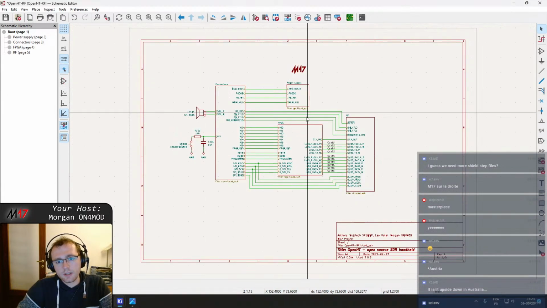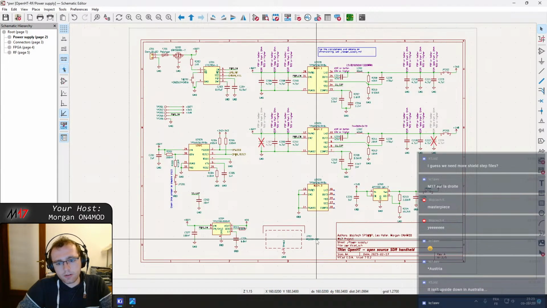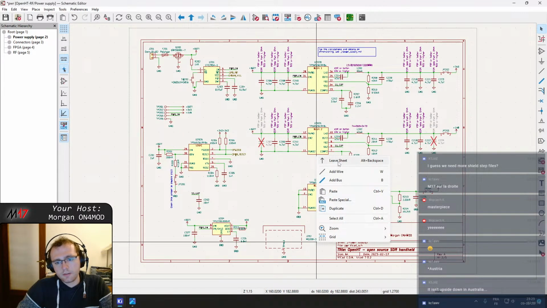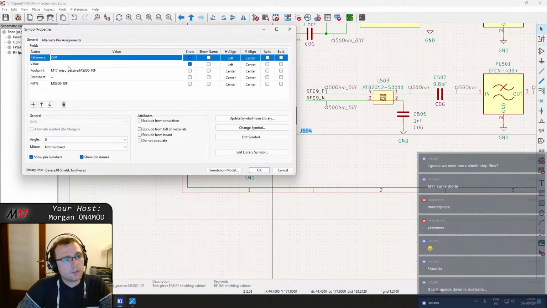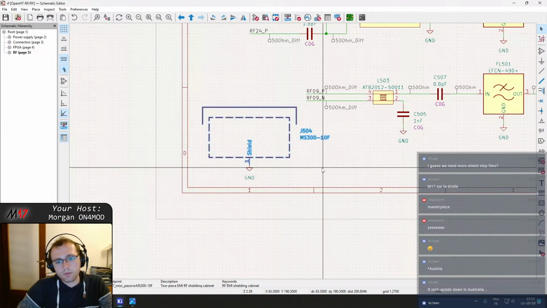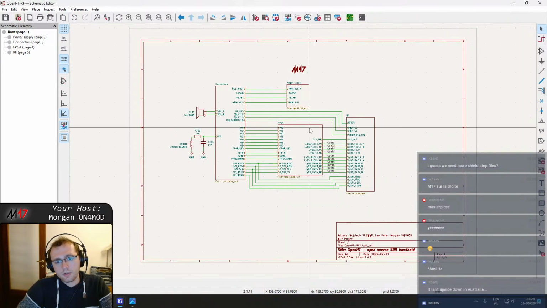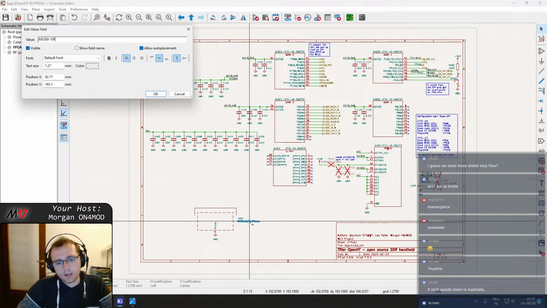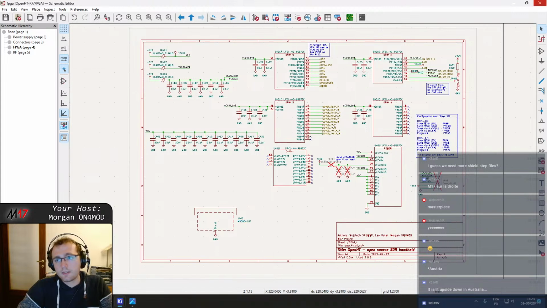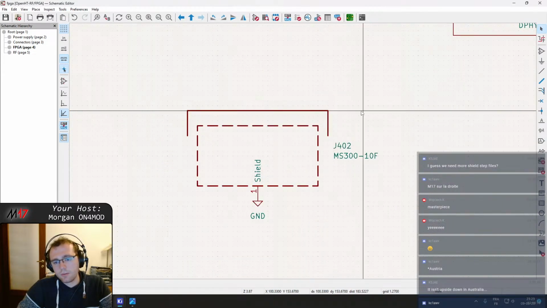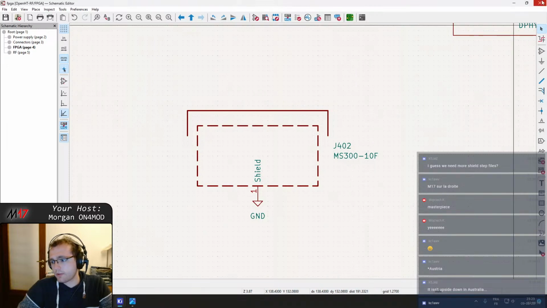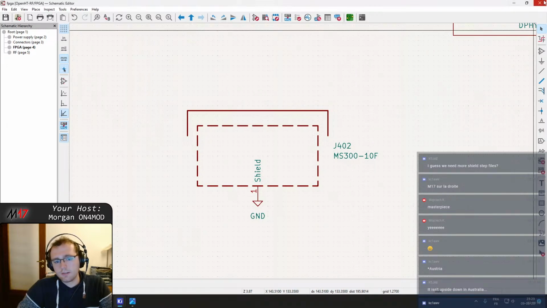I'm just gonna go back here. Oh, yeah, okay, I did that, so let's do that here too. Value, and the FPGA value, that's the same. So the reference for the new shield is MS300-10F, if you need it.